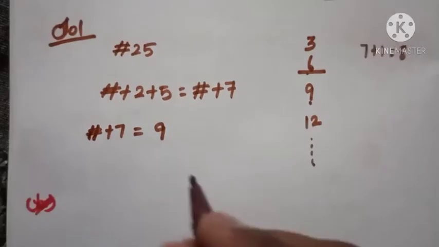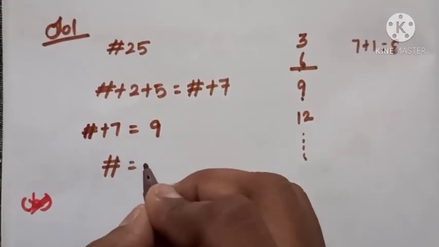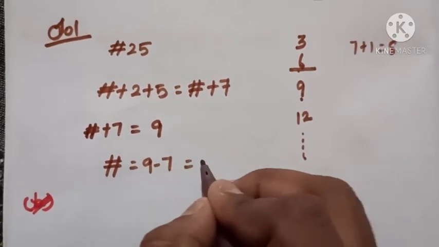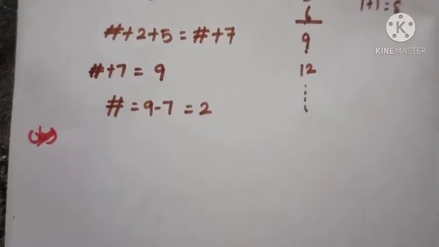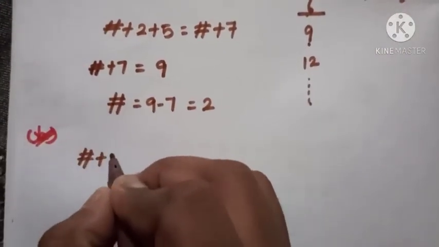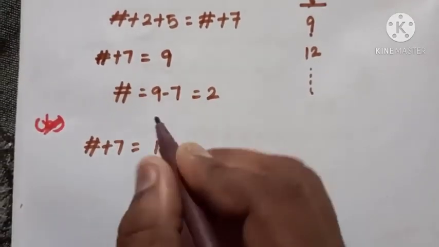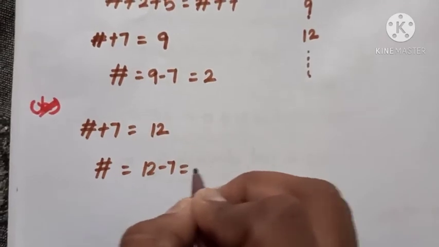What is the replacement of ash? It is equal to 9 minus 7, which is 2. So 2 is one of the possible values. The next one is 12. Same, ash plus 7 is equal to 12, so ash is 12 minus 7, which is 5.